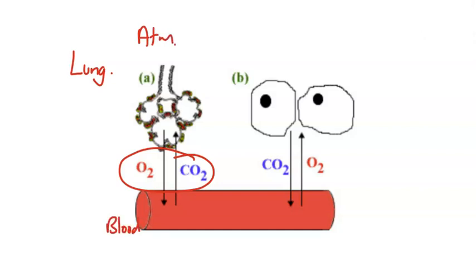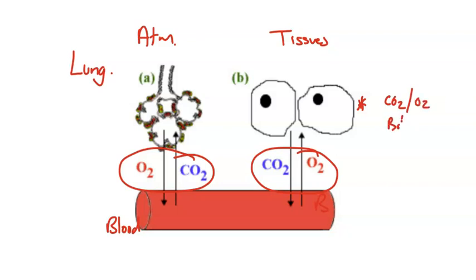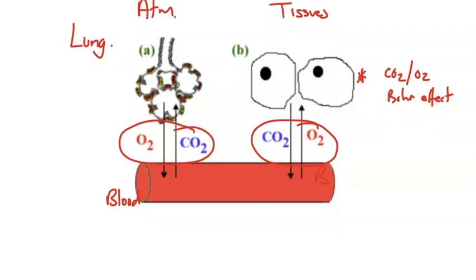And the second location for gas exchange takes place in the tissues, where the exchange is between the blood and the respiring tissues, which we have here. Syllabus links for higher level students connect this particular part to the influence of carbon dioxide and oxygen in what is known as the Bohr effect. So that's one to look out for.